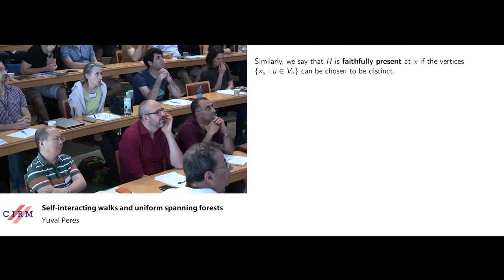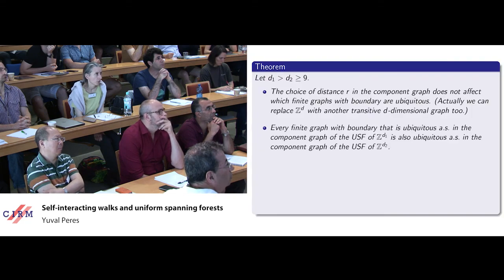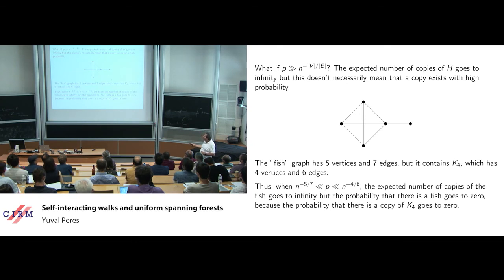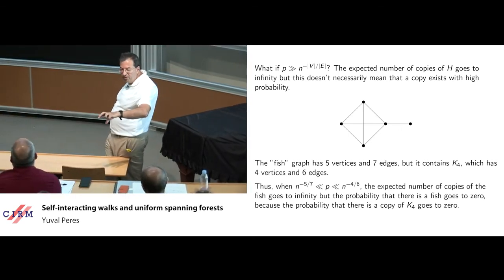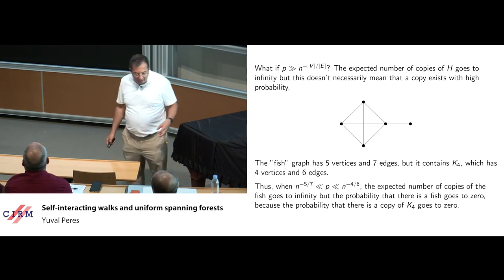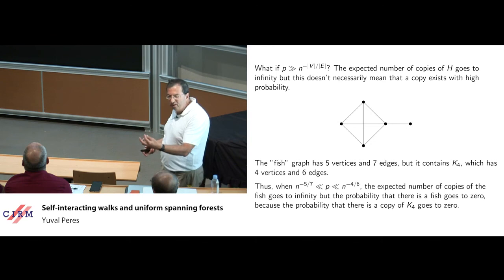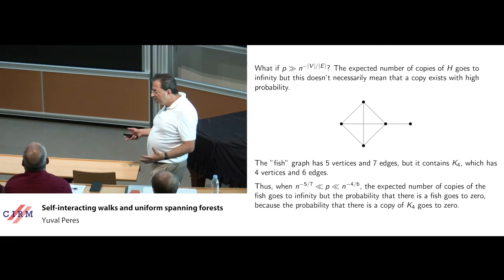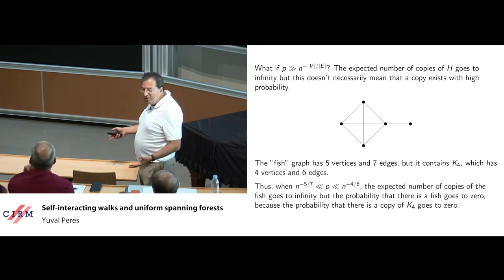Telling you the details of this would need a different talk, but I just want to mention that some ideas come from a much simpler, very classical problem going back to Erdős-Rényi, who asked, given some finite graph, am I going to see it inside G(n,p)? For that kind of question, you can always calculate the expected number of occurrences of a little graph inside G(n,p), but that doesn't always tell you the right answer, because there might be a graph where in expectation it occurs often, but there is some subgraph which is an obstruction.